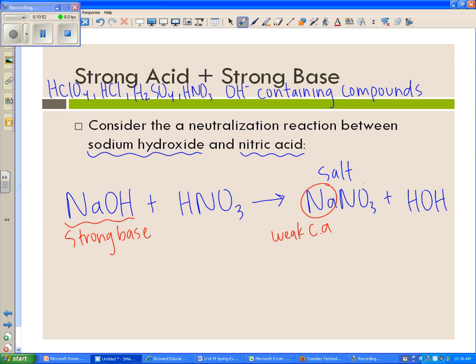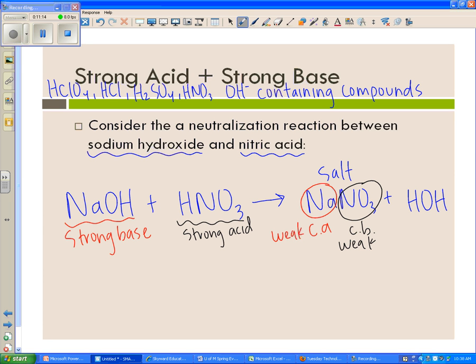The anion in the salt is a conjugate base. It comes from the nitric acid. This being a strong acid makes this conjugate base a weak conjugate base.